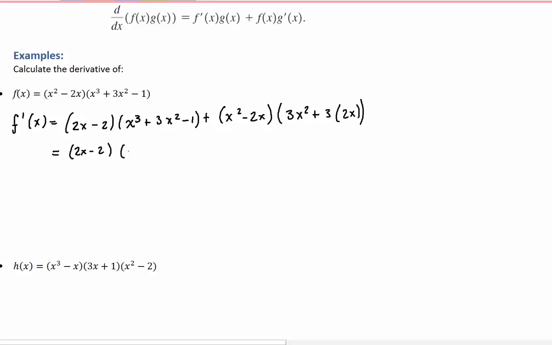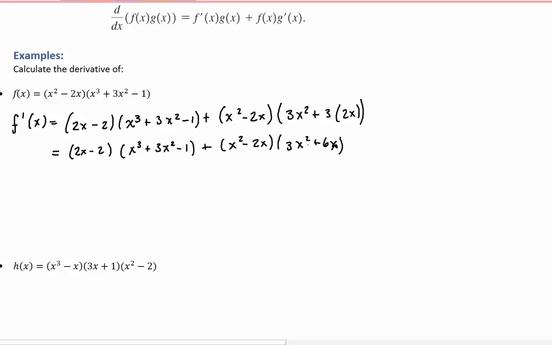I'm just going to simplify that last term I left. So I'm just going to copy this, and then here I'm going to write 3x squared plus 6x. And of course, you could factor it out.